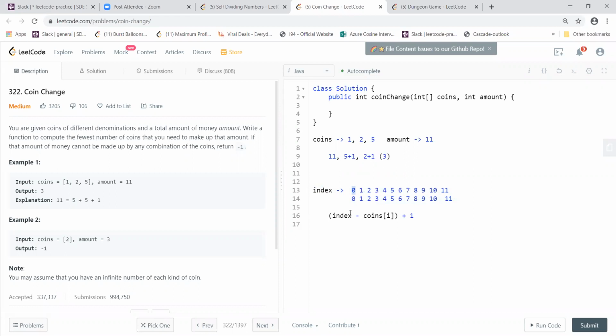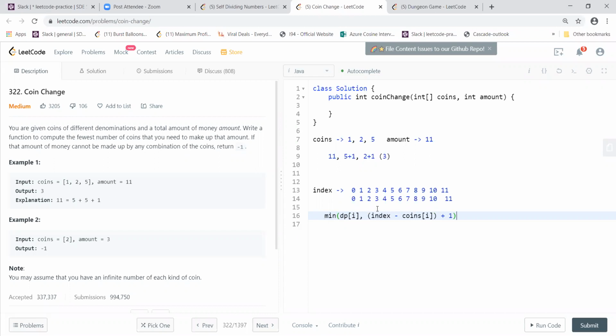As he said earlier, I need to take the minimum of whatever is existing over here, if this is a DP array. It will be only 1. So I need to take the minimum of this one.